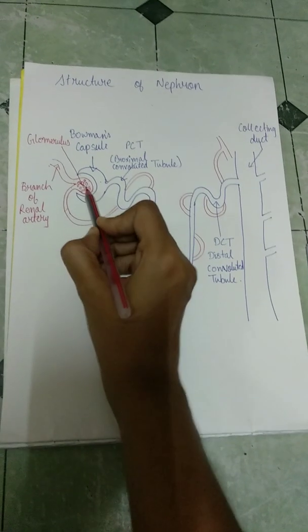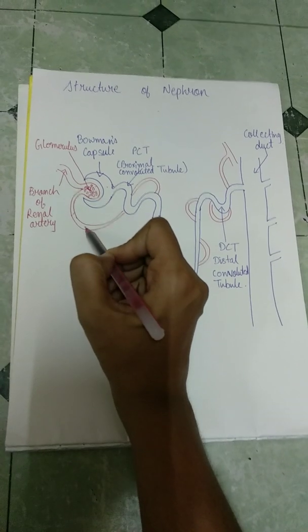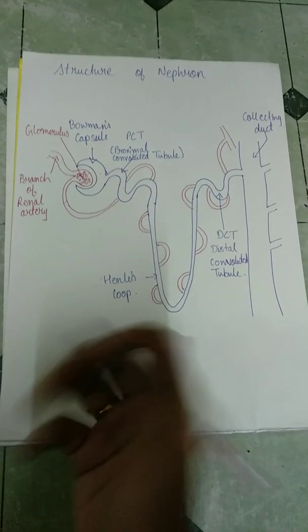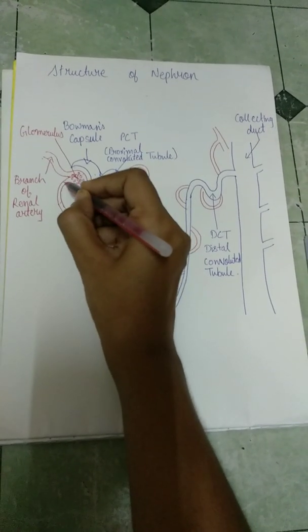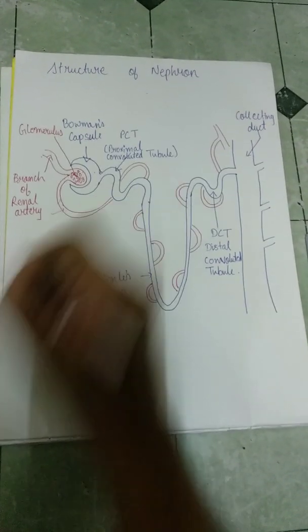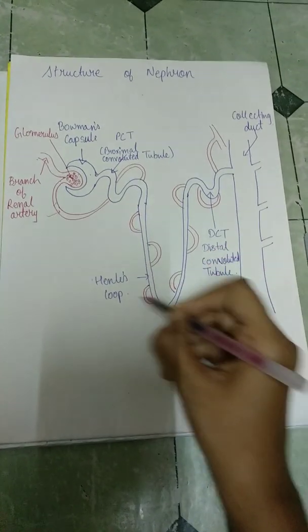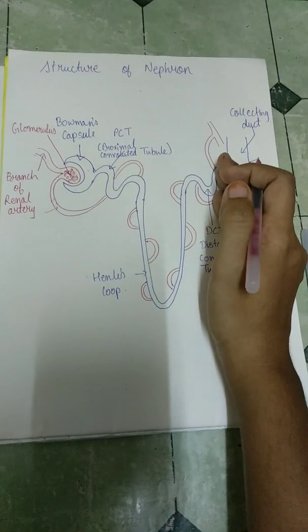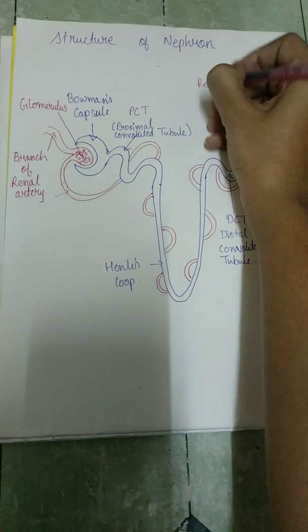Then these capillaries again unite and form this tube, which you can again call a branch of renal artery, because these capillaries are combining and forming this tube, and this tube coils around the entire length of the nephron, and finally comes out in the form of renal vein.